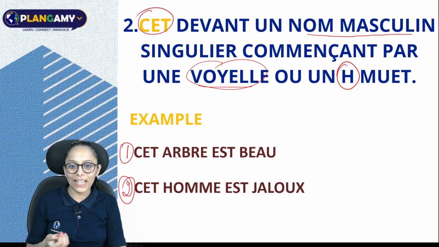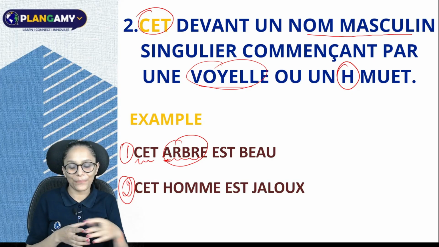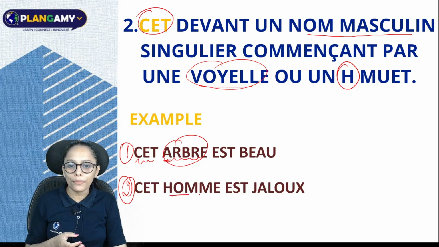It says cet arbre est beau. So arbre here is beginning with a vowel. This is the reason that we have used here cet, and it is singular and it is masculine. So this tree is beautiful. Now cet homme est jaloux. Alright.